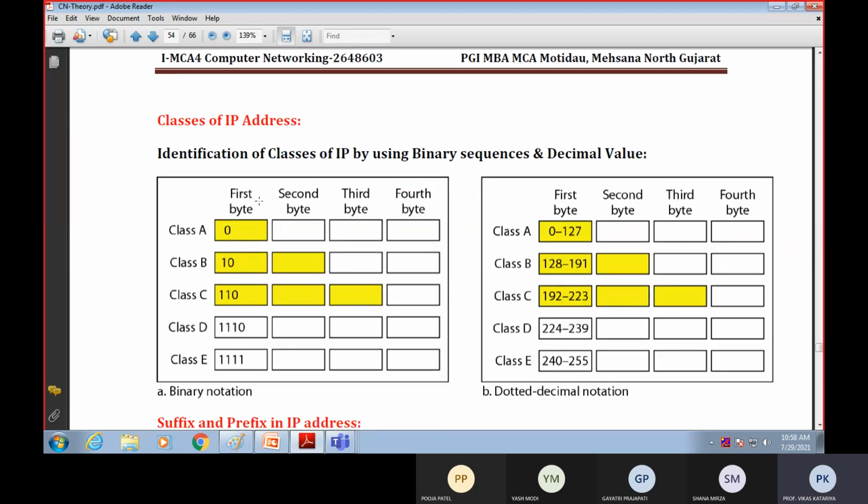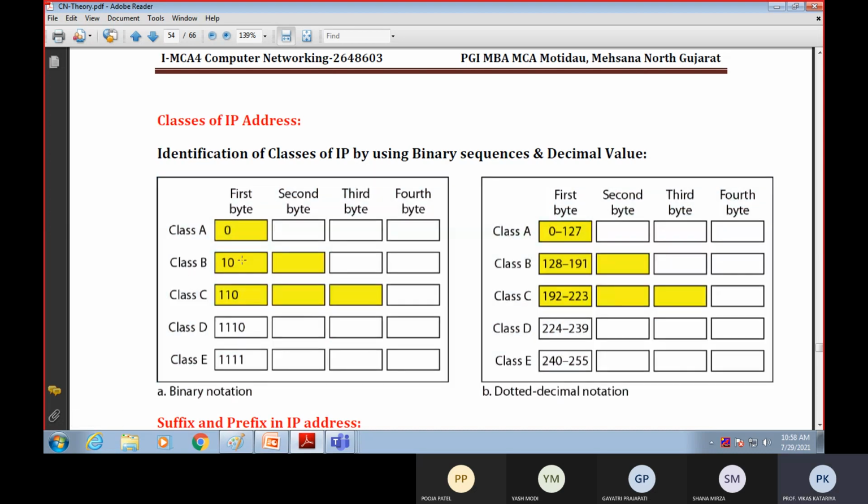Then we have discussed classes of IP addresses, why we need classes. If we use the binary representation, how do we identify IP address classes?